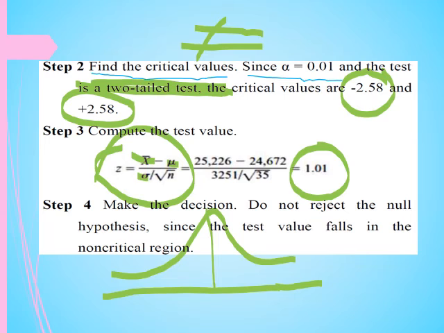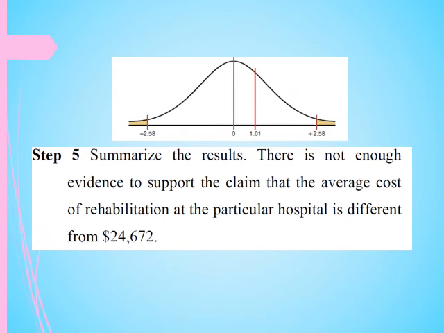Now we will draw our normal curve to determine the rejected region and the accepted region and make our decision depending on this normal curve. Let's see our normal curve here, and we have the critical values here.